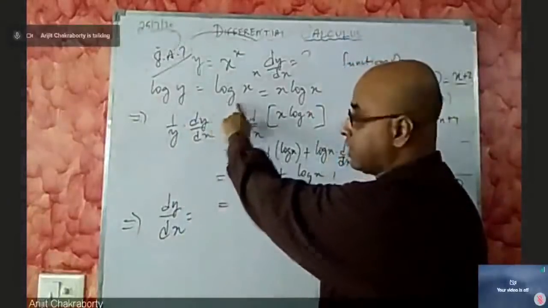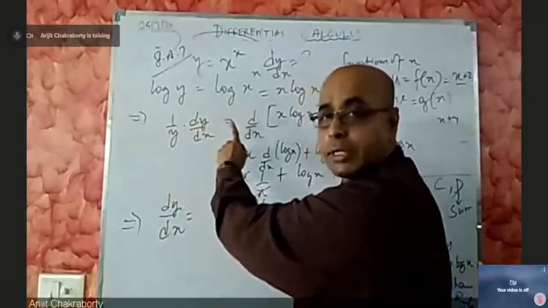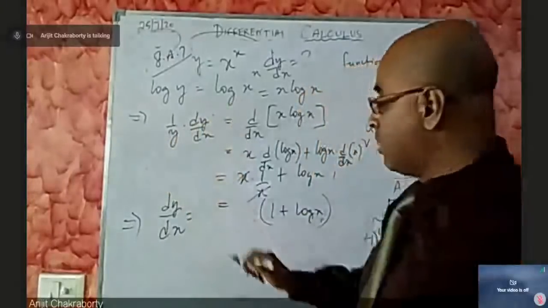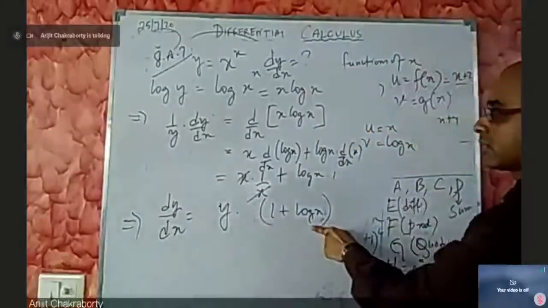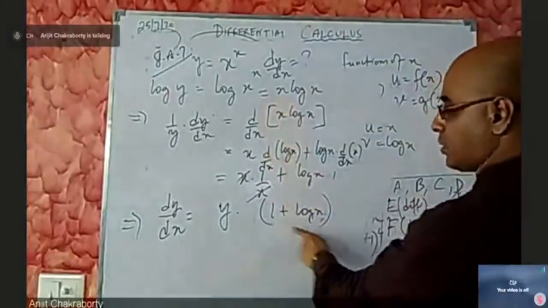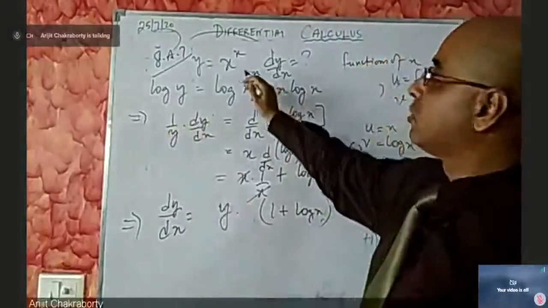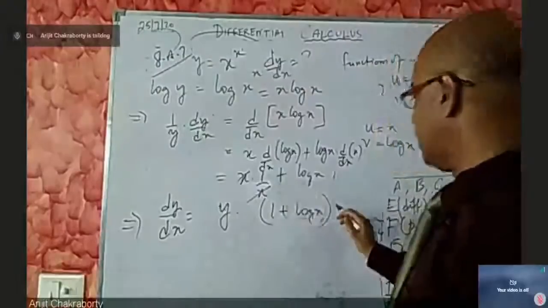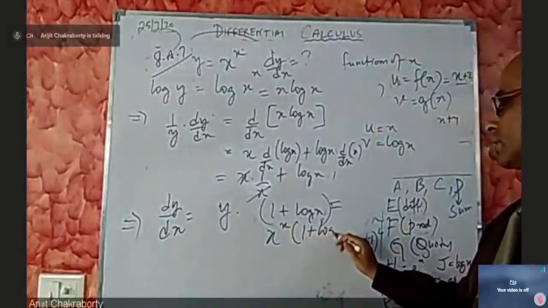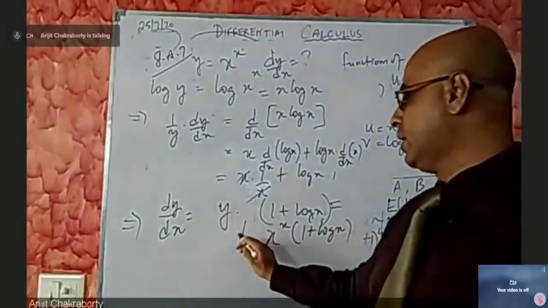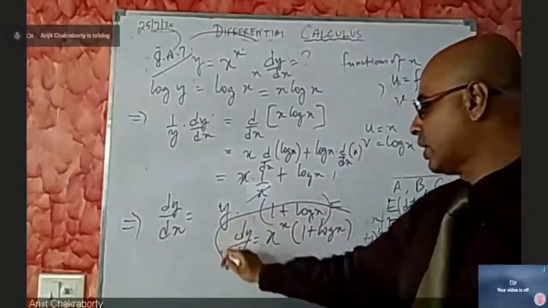From the denominator on the left hand side, it will come to the numerator on the right hand side. So it becomes y into 1 plus log x. But here y is equal to x to the power x. So dy by dx is equal to x to the power x into 1 plus log x. This is the answer.